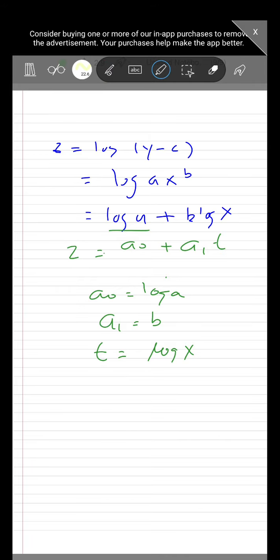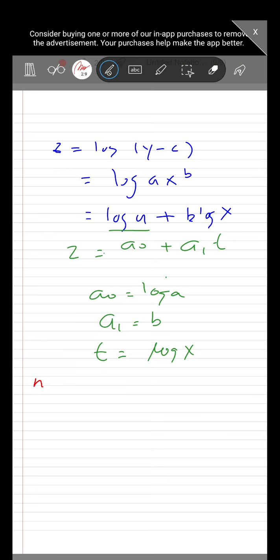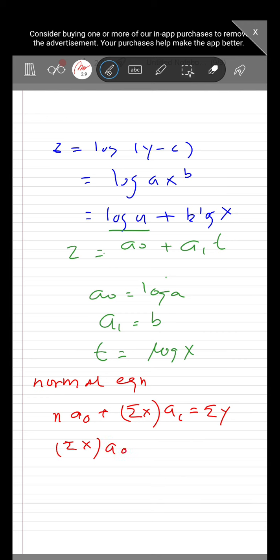So the normal equations, as we know for the case of linear regression, are n into a0 plus summation x into a1 is equal to summation y, and summation x into a0 plus summation x square into a1 is equal to summation xy.